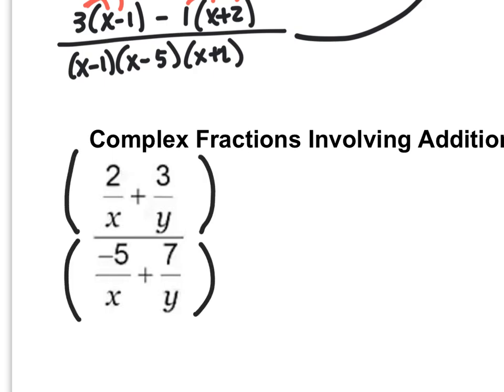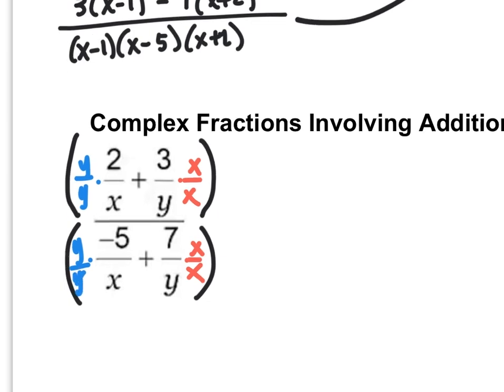Now I want to turn my numerator into 1 fraction. Because I have 2 complete opposite denominators, I'm going to multiply this one by x over x and this one by y over y. Same thing over here: I'm going to multiply this one by x over x and this one by y over y.